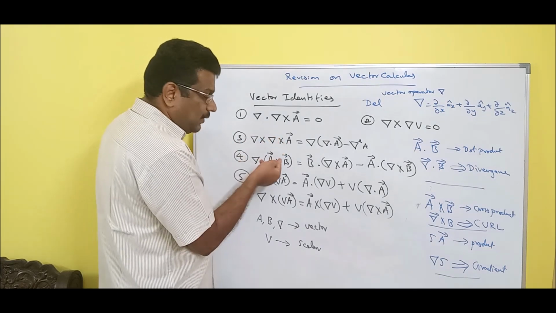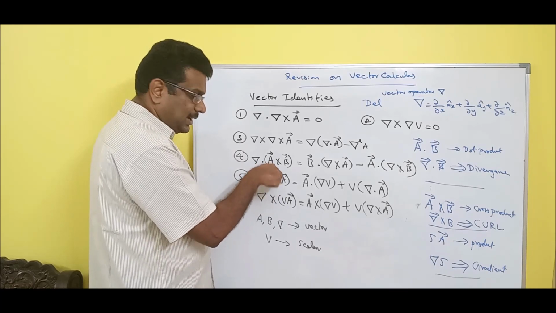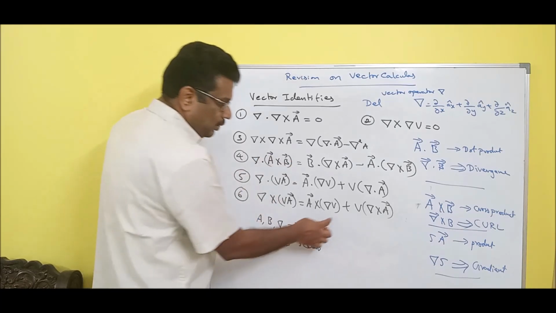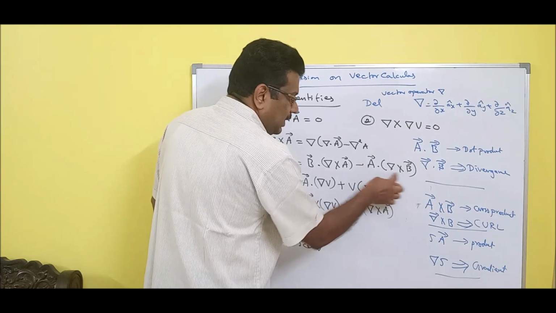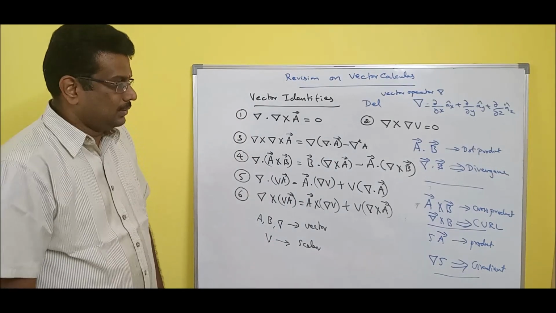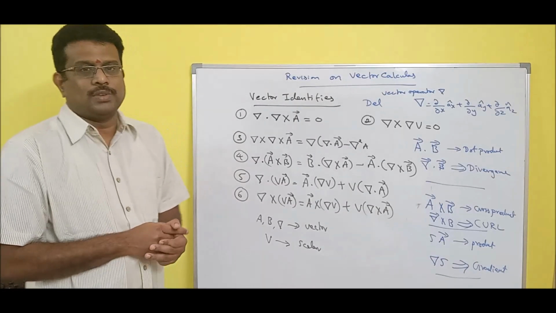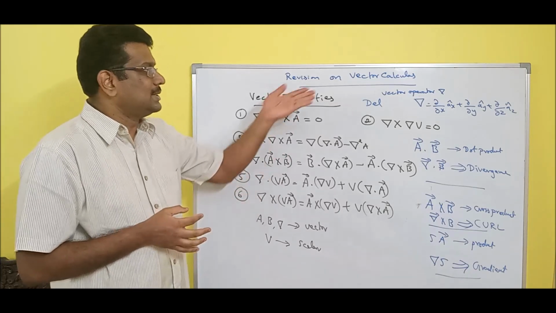Dot product with a general scalar is called the gradient. Like this we are going to define. Who is he? Gradient. Who is he? Curl. Who is he? Divergence. Please try to remember this and make a note of that. With this, let me conclude this introduction.